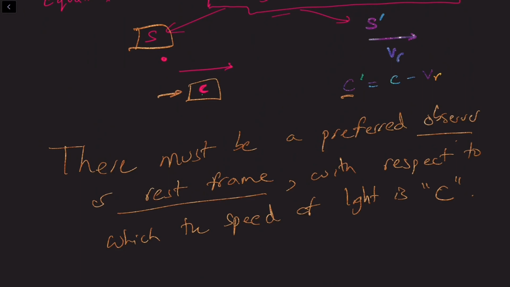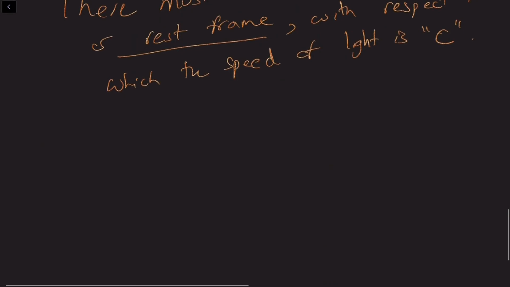Okay, so Maxwell's equations tell us that there is some particular reference frame or some particular inertial observer who is the preferred inertial observer. So this reference frame, this preferred reference frame, was called the ether.